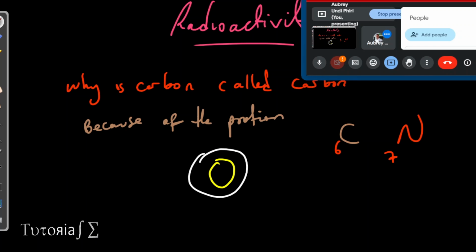And what do we find in a nucleus? Among them, in the nucleus, you find protons. For instance, carbon has 6 protons in the nucleus.